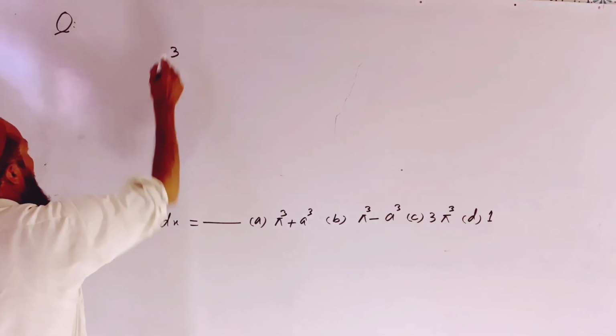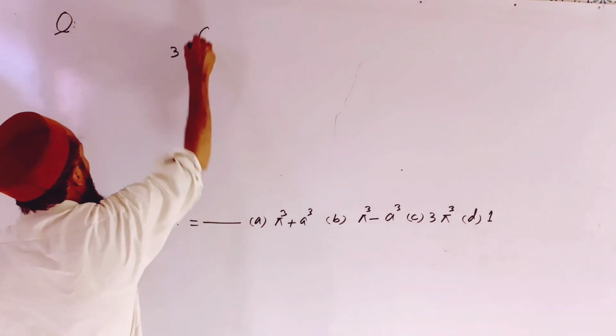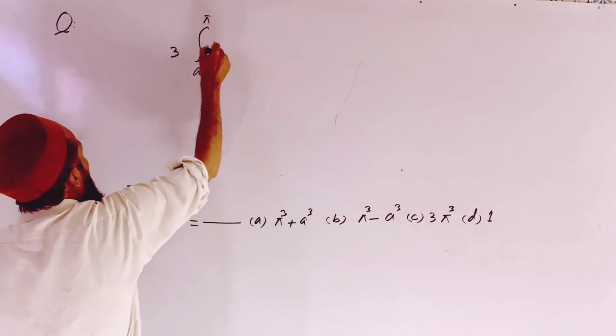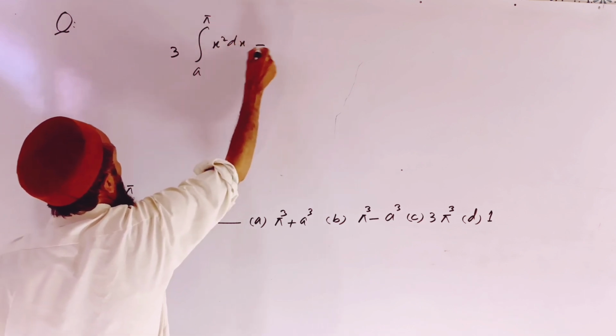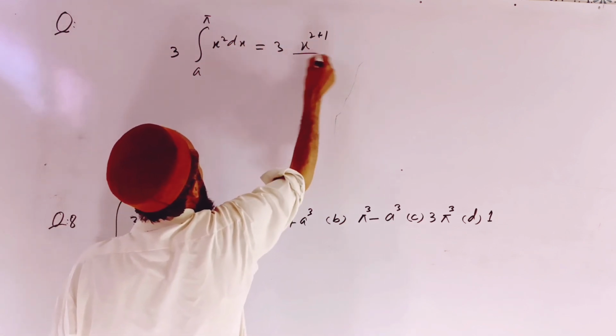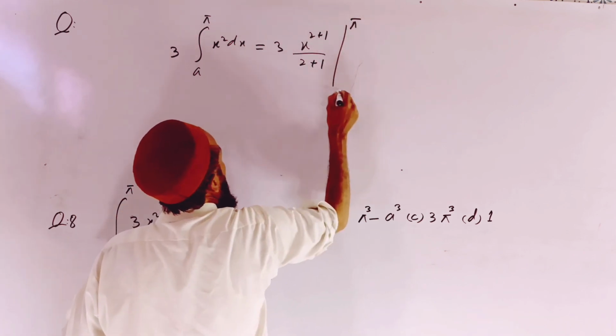According to the rules, first of all we eliminate the constant value. Integration from 0 to pi of x square dx. Now apply the rules: x power 2 plus 1, 2 plus 1, then put the upper limit and lower limit.